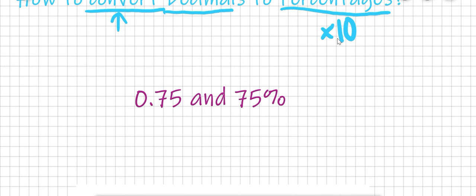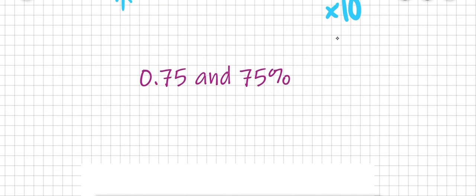You might have noticed that both of these have the number 75 in them, but a percentage has this percentage sign which makes a number a percentage, and this value over here, 0.75, has a decimal point which makes it a decimal. There can't be a decimal without a decimal point, and there can't be a percentage without a percentage sign.